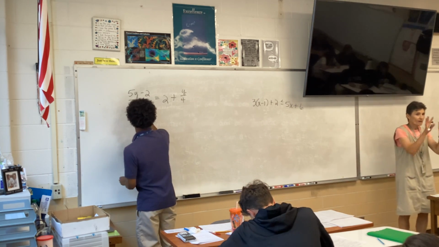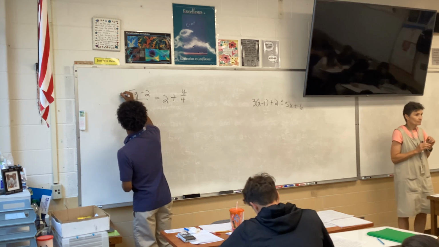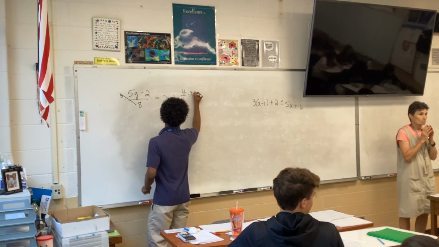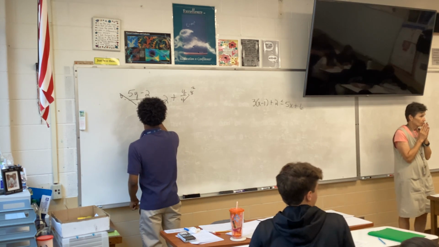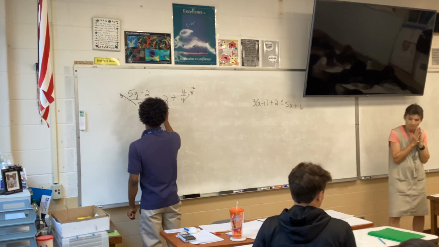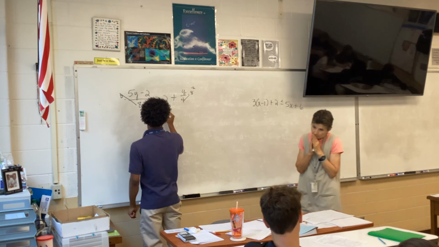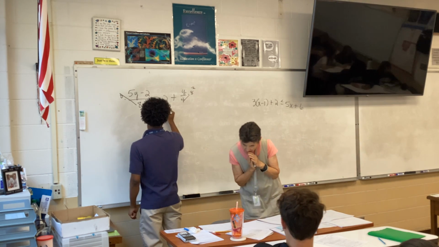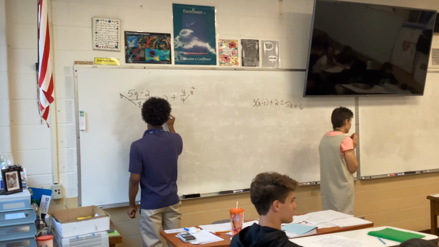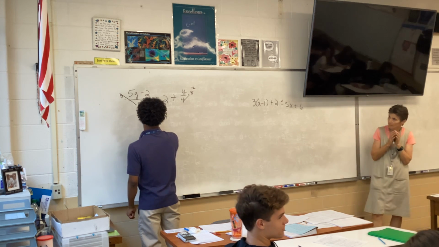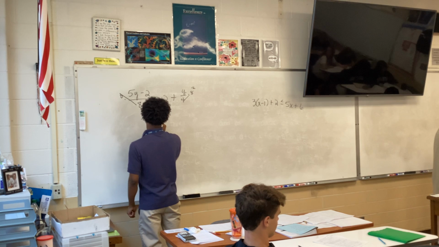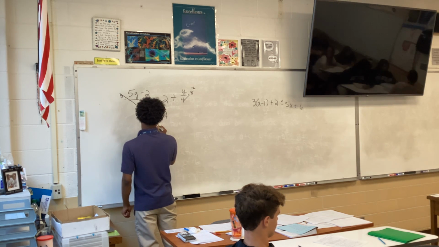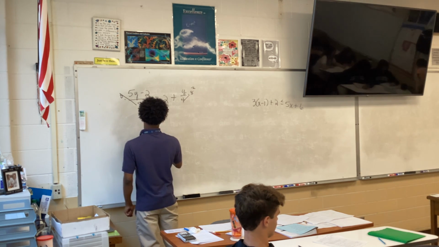All right, who's my other volunteer gonna be? Let's have a girl. Girls? Zoe? Grab a friend if you want, or come up by yourself. I want you to do this problem on the board, okay?